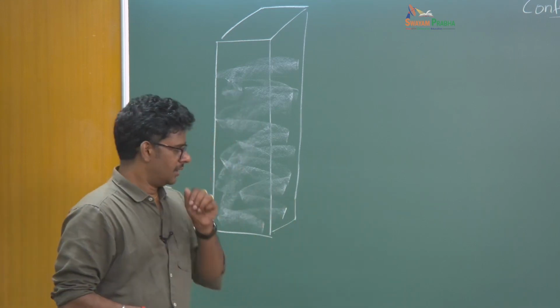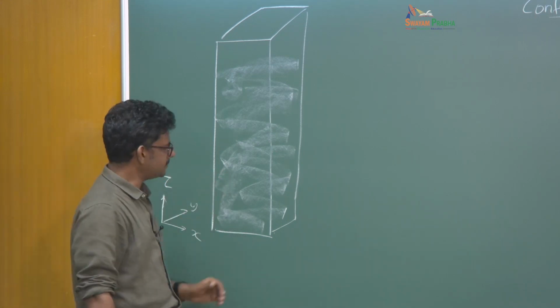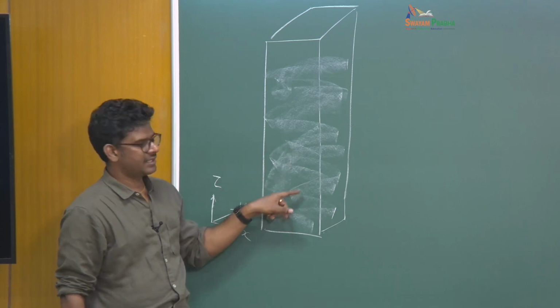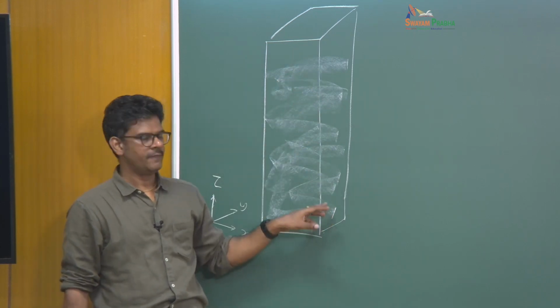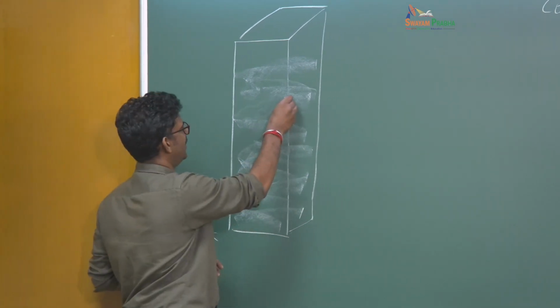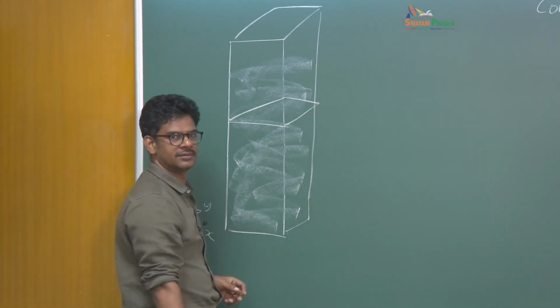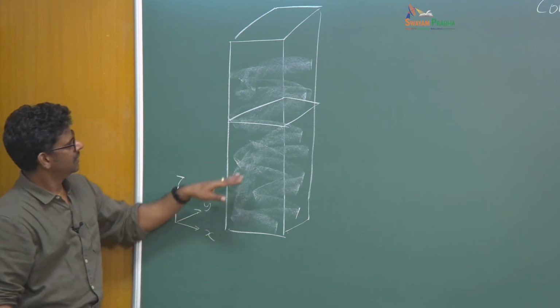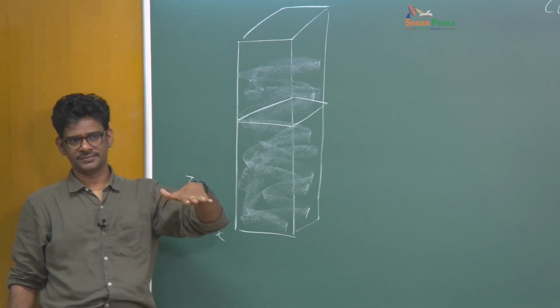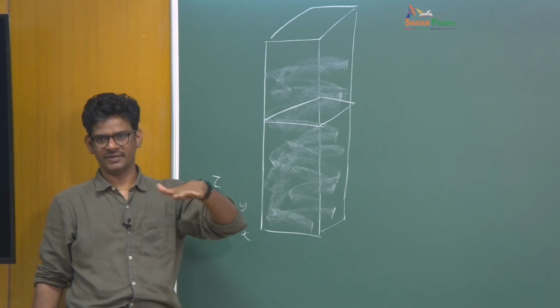In this problem, obviously it's a three-dimensional problem, but the gravitational effect is going to be only in the z direction. If I take any particular plane here, the xy plane, in the lateral xy plane it's a free diffusion. There is no gravity in the given xy plane.